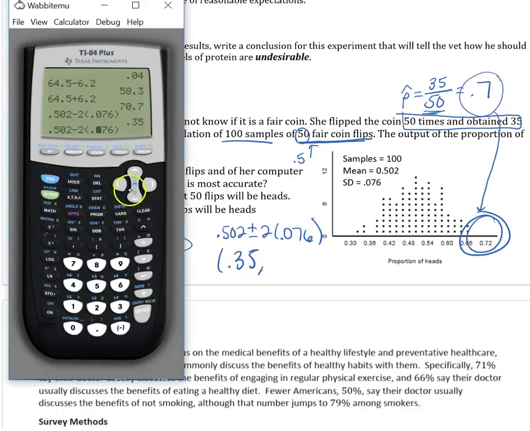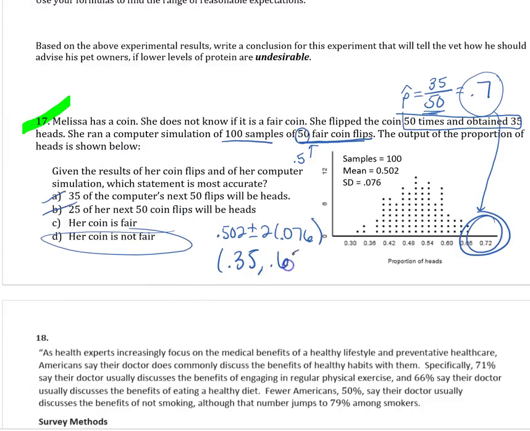Whoopsies. 0.654. Okay, so even if I calculated with an interval, I'm seeing 0.7 does not fit in that interval. It's on the outside, which means it's unusual. Okay, this is our usual expected. Out here's our unusual. So again, that means the coin must be unfair.